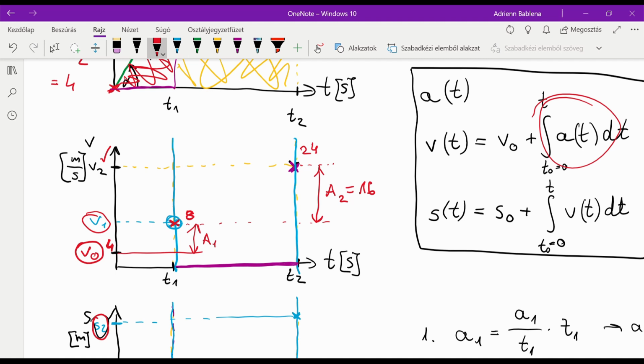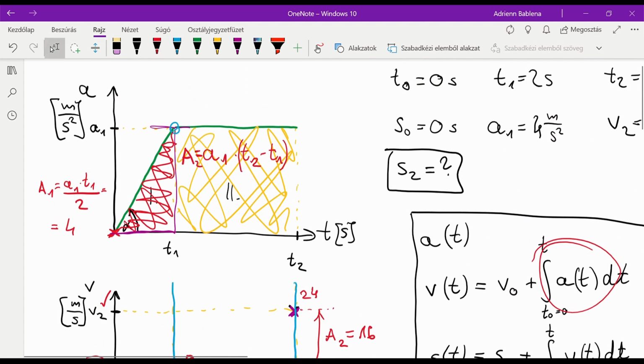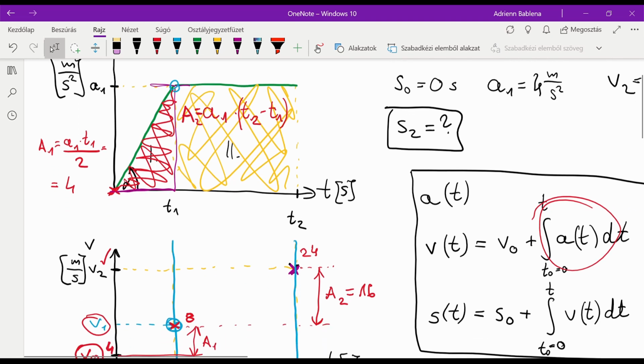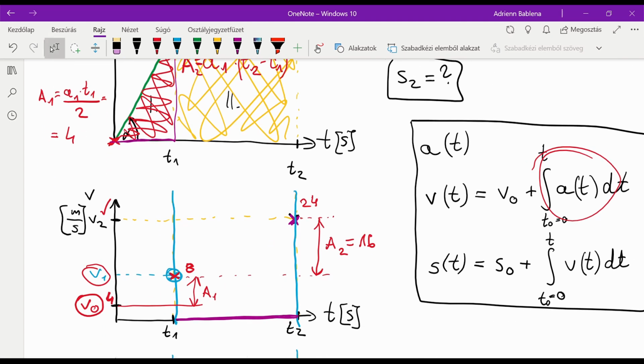That's all. What is the shape of these functions? So we know that the velocity is the integral of the acceleration. So let's start with the second section again. In the second section we have a constant acceleration function, so we have to draw a first order velocity function. It's a straight line, not a parabola.